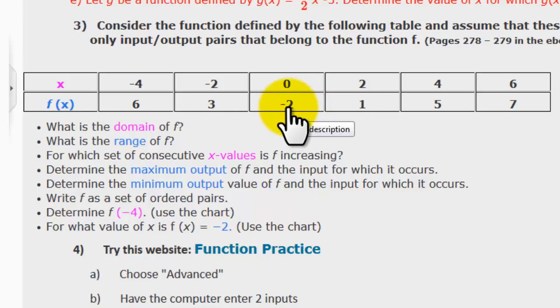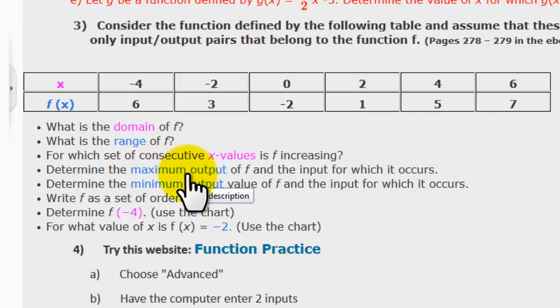It increases between -2 to 1, 1 to 5, 5 and 7. So the values of x, where f is increasing, are these values here, 0, 2, 4, 6. So you would say the x values where f increases are between 0 and 6. And that's what you would have to write down.